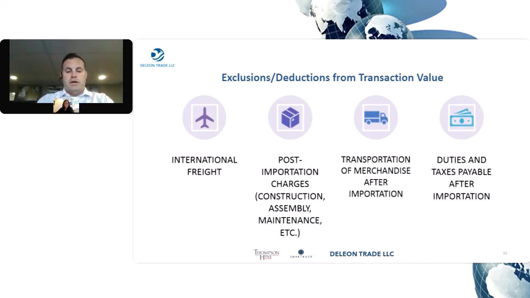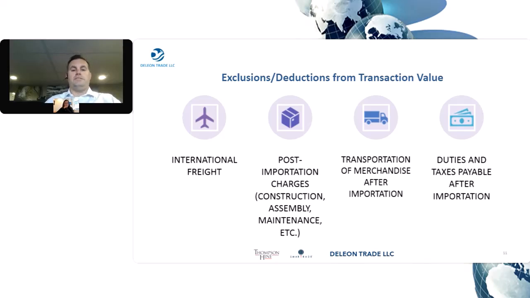Post-importation charges are specific. There's a certain list of post-importation charges that can be excluded from value if they're included in the price. The first thing is it has to be included in the price to begin with. But for post-importation, it has to be services provided after importation, usually relating to construction, assembly, or maintenance of the imported items.